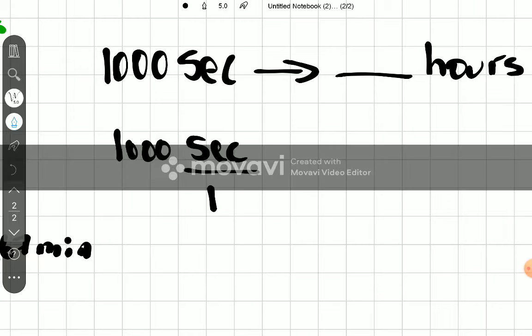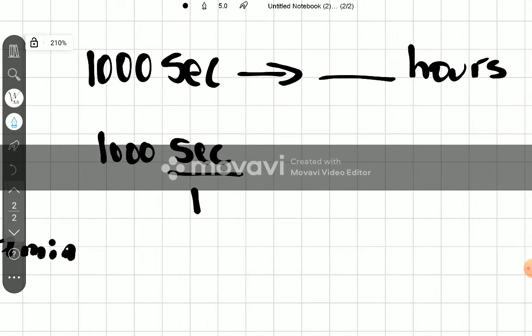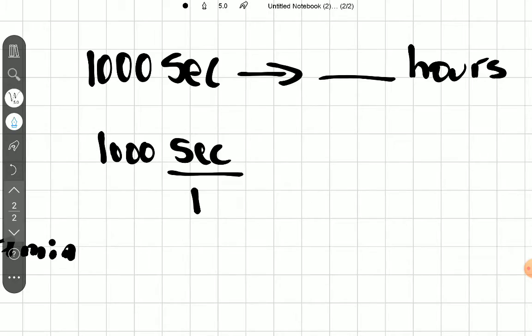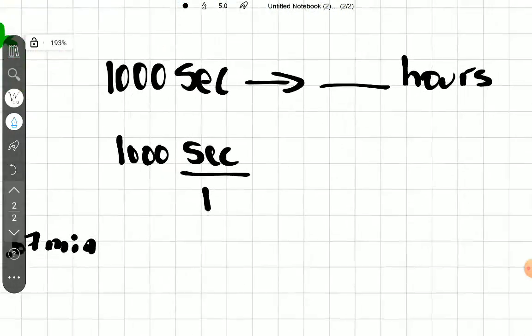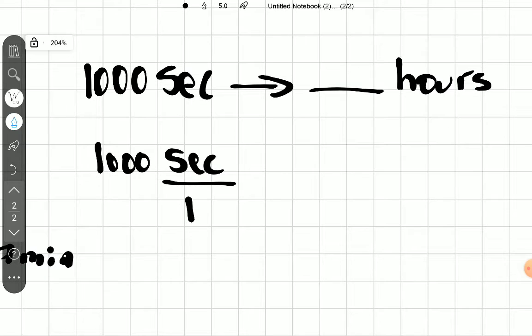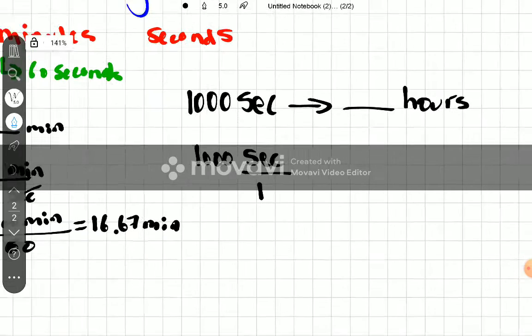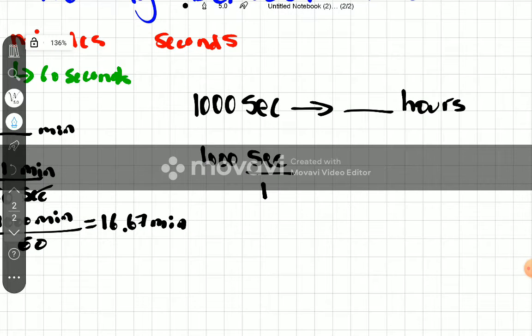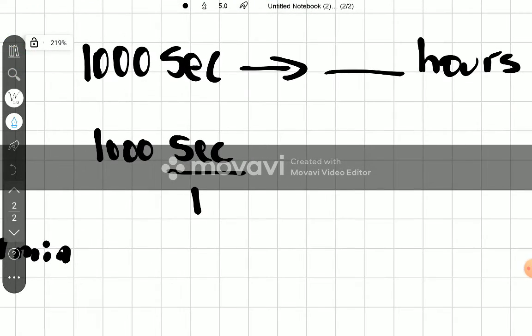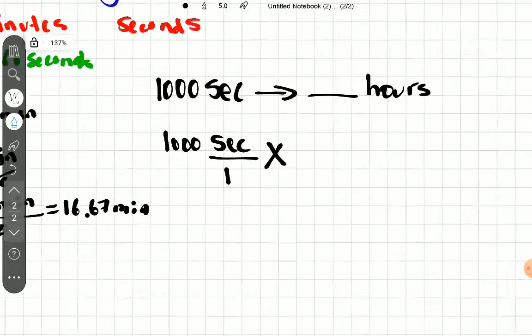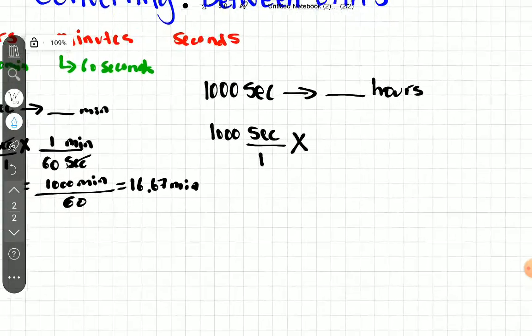First, we want to convert it to hours, but we can do it 2 ways. We can do the conversion through the minutes and seconds, because unless you know how many seconds there are in 1 hour, you could do it simply, but I'm going to show it so that we go off of the 3 basic units.